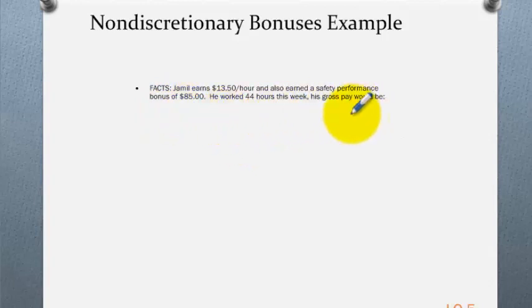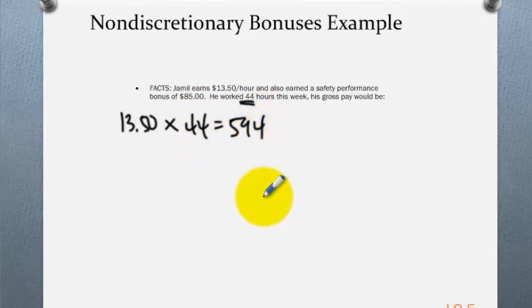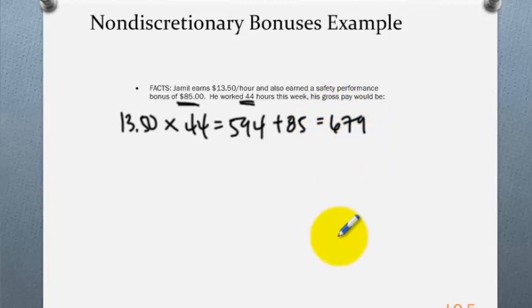He worked 44 hours this week, and his gross pay would be what? If he worked $13.50 an hour and he worked 44 hours, we take $13.50 times 44, and that gives us regular pay of $594. Then we add that $85 in. So really, his regular pay is $679.